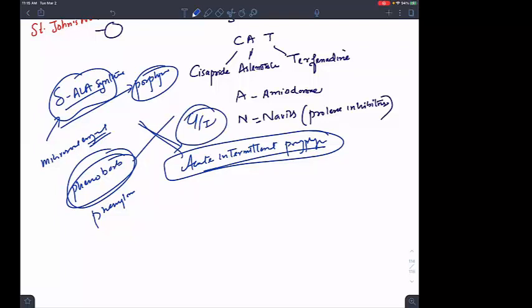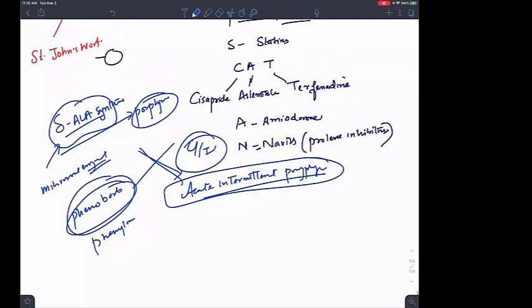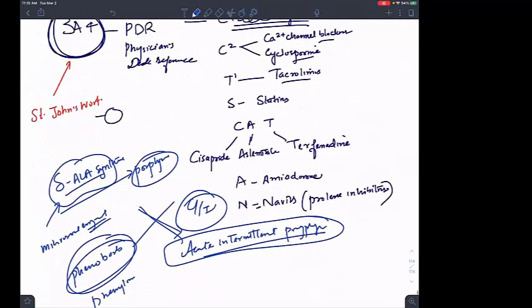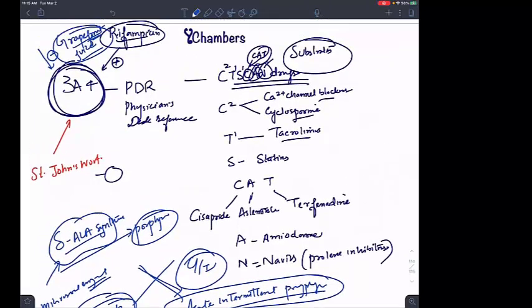So remember, this rate limiting enzyme is increasing the porphyrin synthesis, and you should not prescribe the inducers, that is phenytoin and phenobarbital, if the patient is suffering from acute intermittent porphyria. Are we able to understand? By the way, I remembered this from phenobarbital. This is the concept you have to remember.